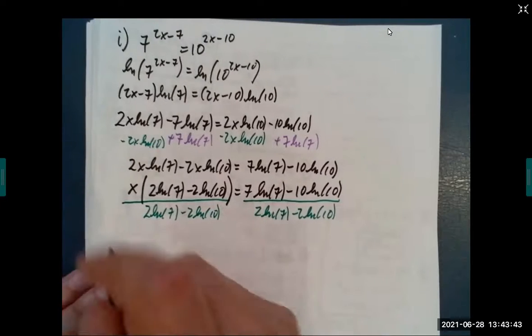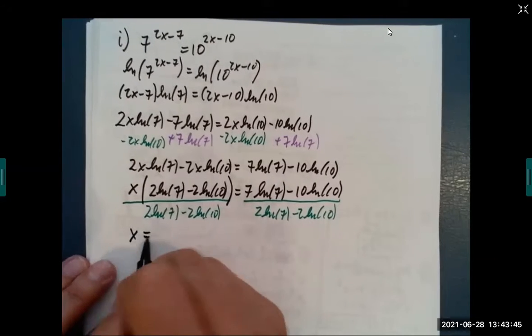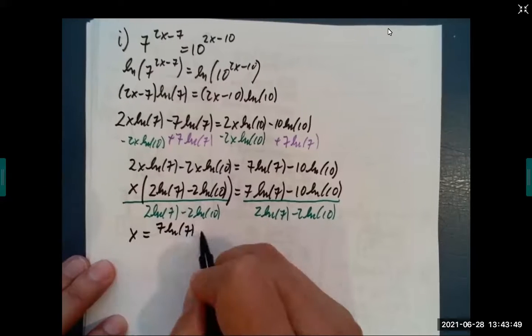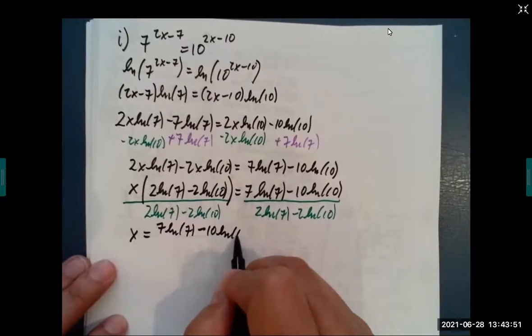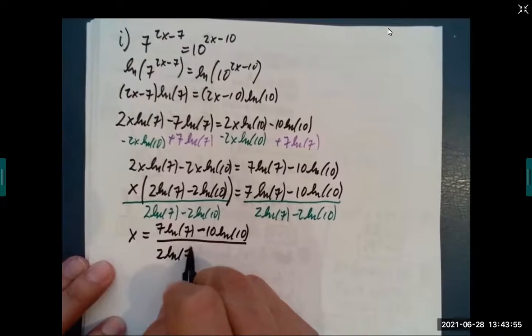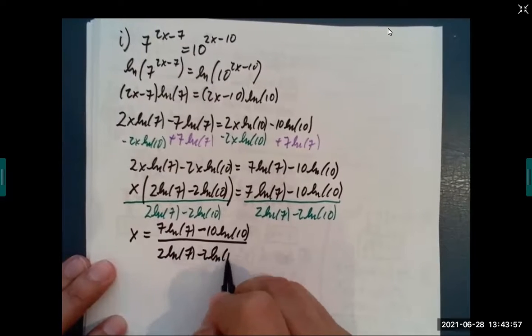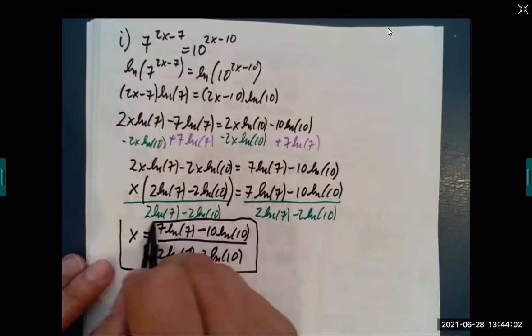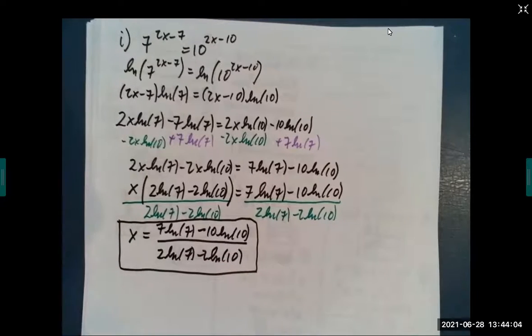So this gives us that x is equal to 7 ln of 7 minus 10 ln of 10, divided by 2 ln of 7 minus 2 ln of 10. And that monstrosity is your answer. Crazy stuff.